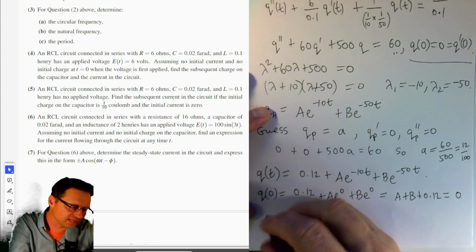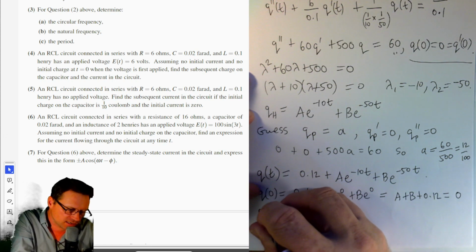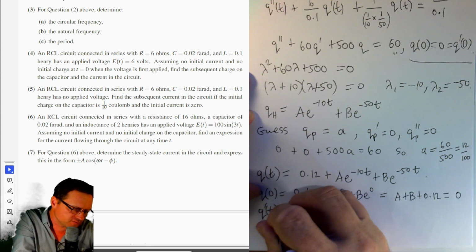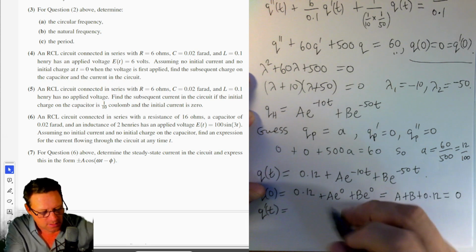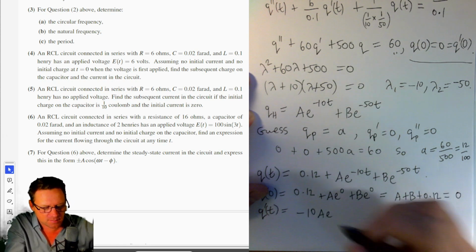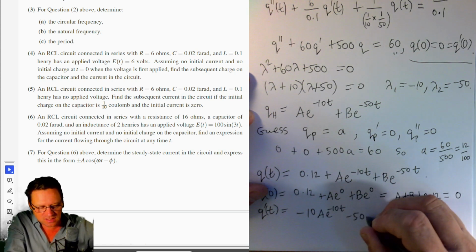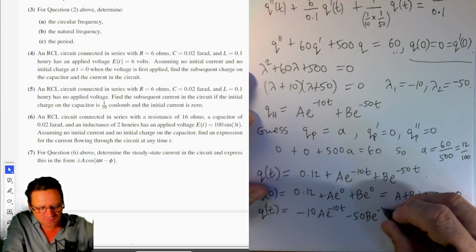Okay, so next we need to differentiate this line to use our second initial value. So q dash of t is equal to 0 minus 10a e to the minus 10t minus 50b e to the minus 50t.